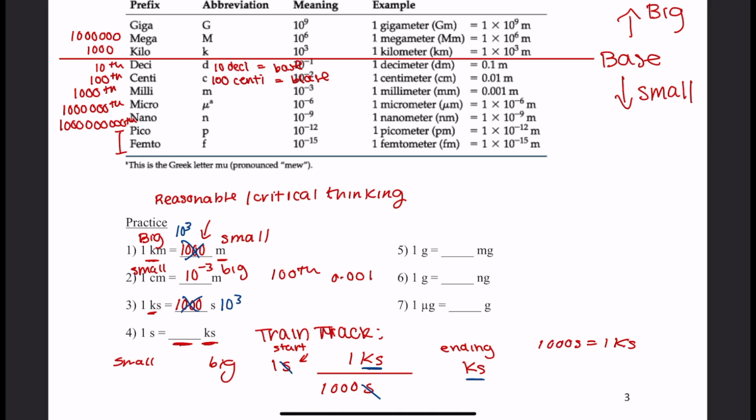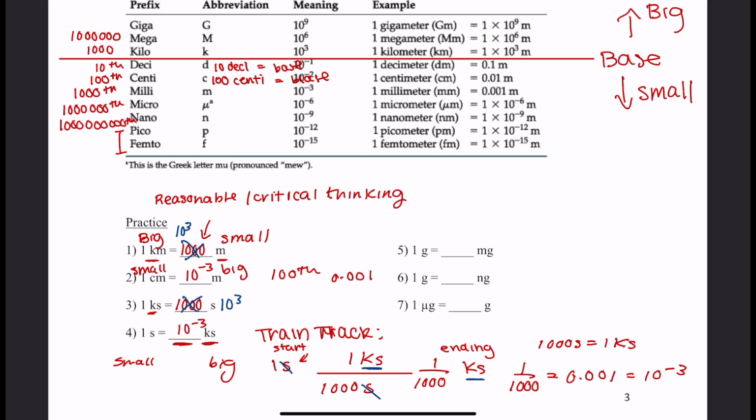So 1 over 1,000 is our answer. This is the same thing as 0.001, or is equal to 10 to the negative third.